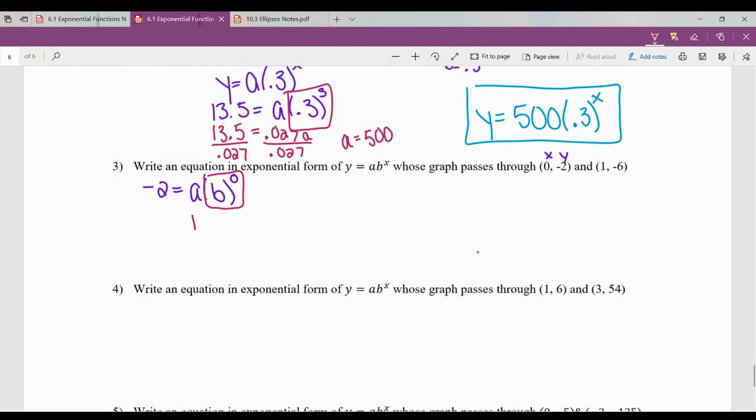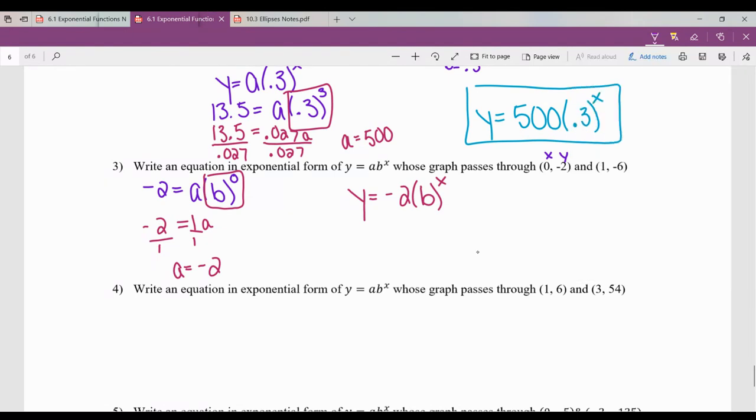So that's 1 times a, so -2 equals a. Divide by 1, a equals -2. So now we have what a is. So I've got y equals -2 times b to the x. Okay, so that's good.